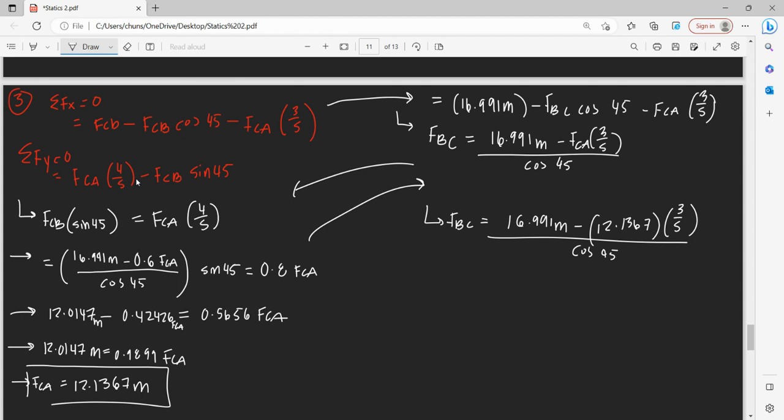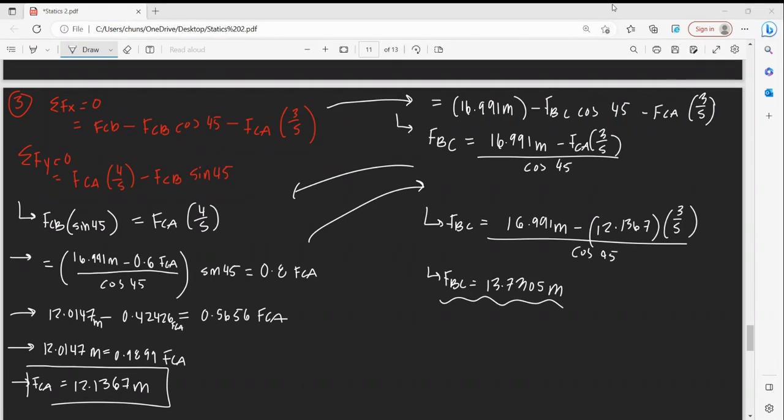FBC is equal to 16.991 times, minus our answer for FCA times 3 divided by 5 divided by cos 45. FBC equals 13.7305 M.